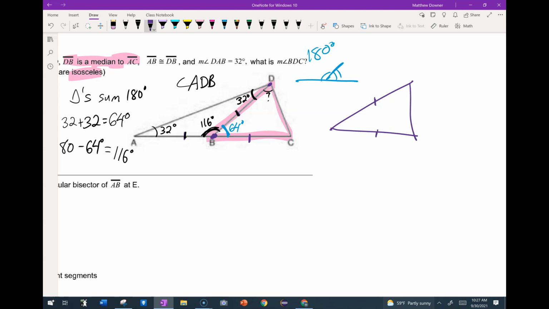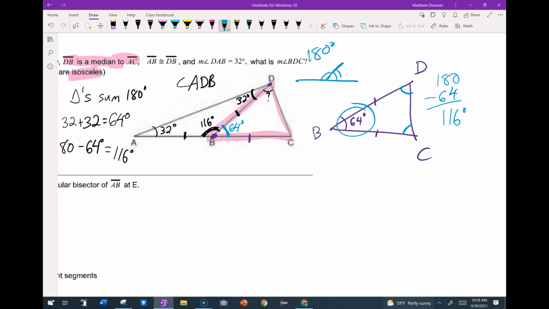These two sides are congruent, and I know this vertex is 64 degrees. So this is also an isosceles triangle, and if there are two congruent sides, there should be two congruent base angles here. Well, I know that one of my angles is 64, and together all of these should still sum to 180.